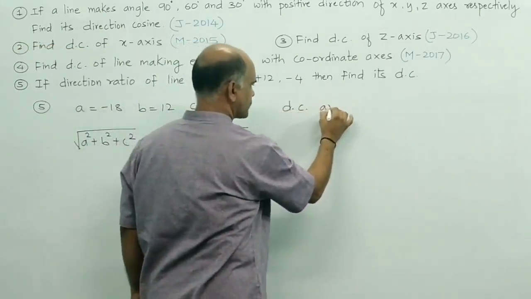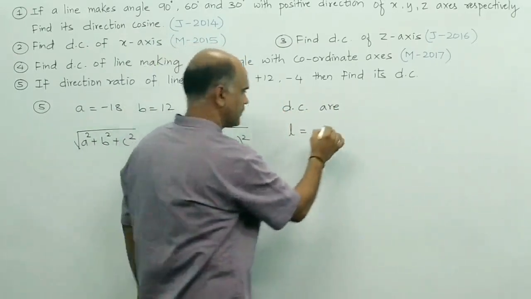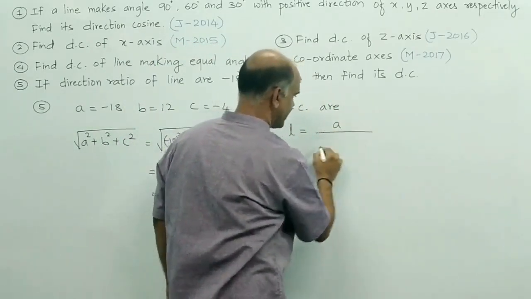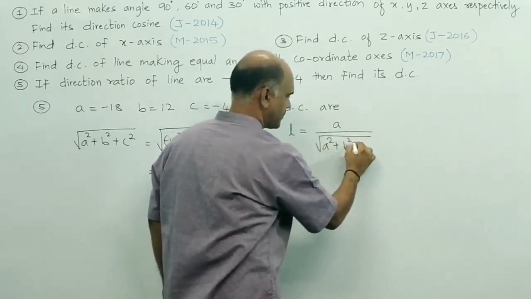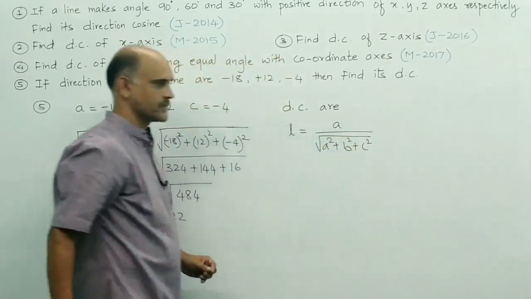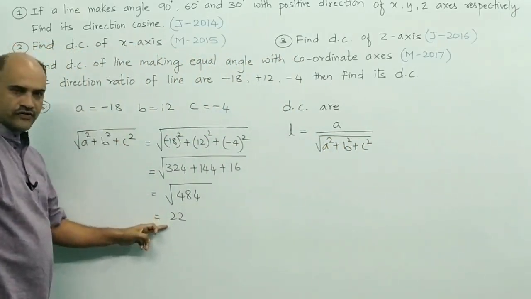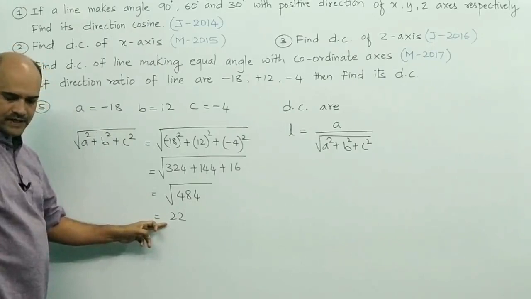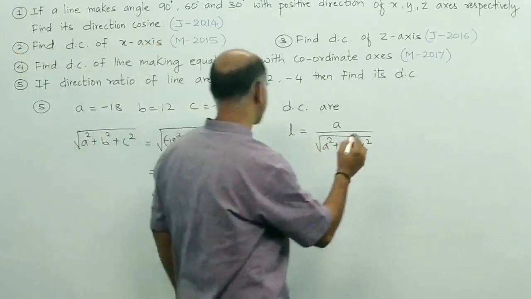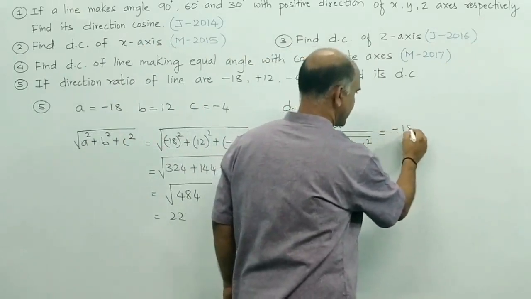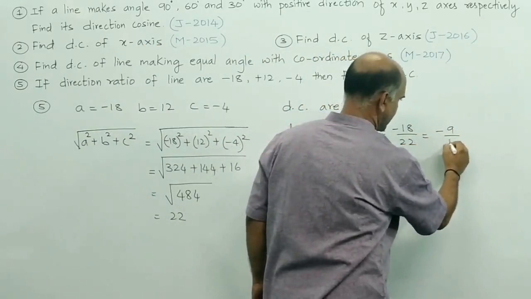Therefore, the direction cosine L is equal to A divided by root of A square plus B square plus C square. A is minus 18, and root of A square plus B square plus C square is 22. So substitute: you will have minus 18 divided by 22, that is minus 9 by 11.